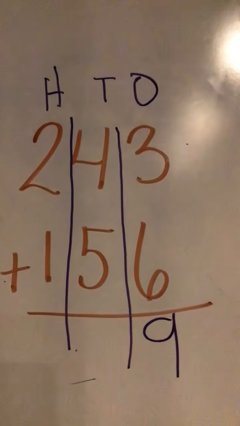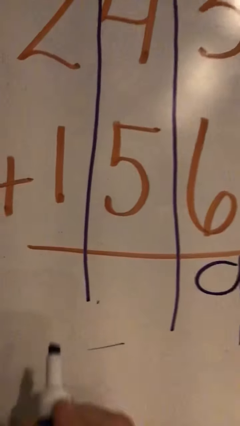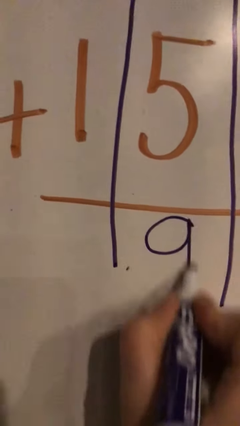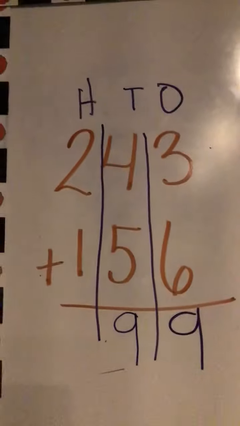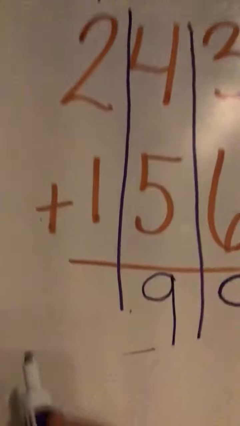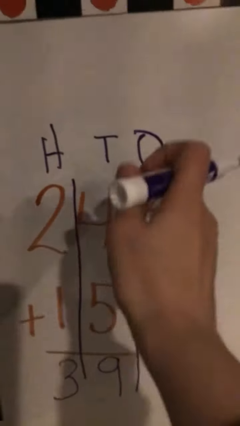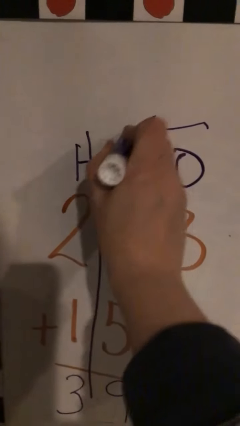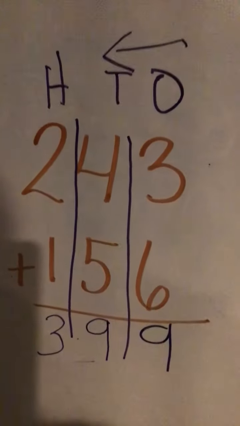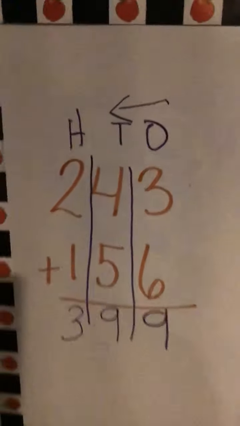And then 4 plus 5 is 9. And then 2 plus 1 is 3. So just like two-digit addition, you work your way across, going this way, because we always start with the ones column. That's not too hard, is it?